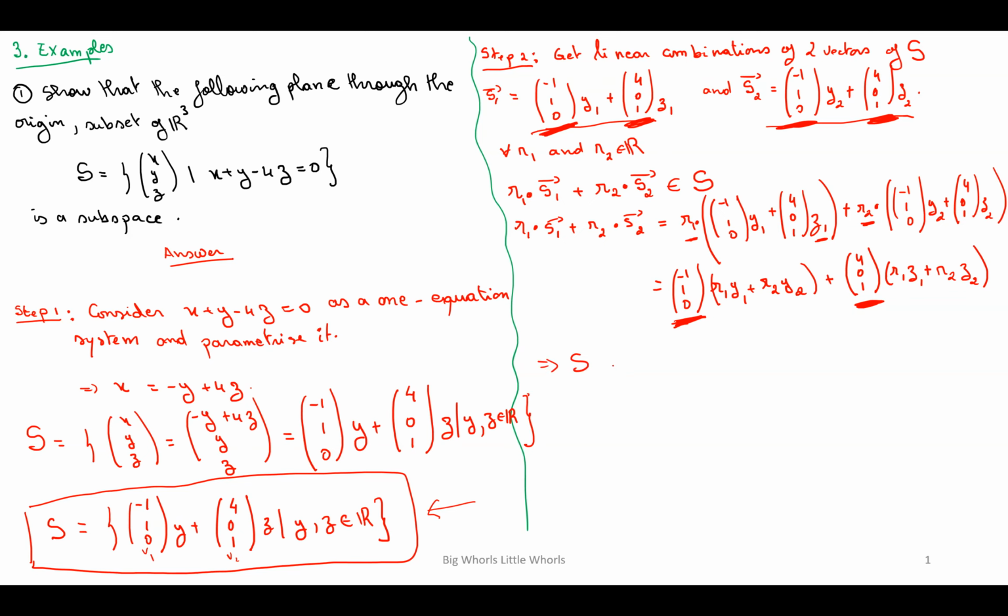Therefore, S is closed under linear combinations. So this is the end of this first tutorial. Let's go to the second tutorial.